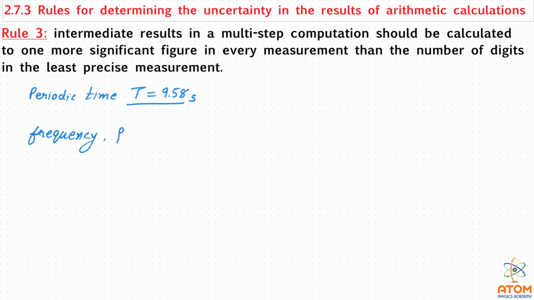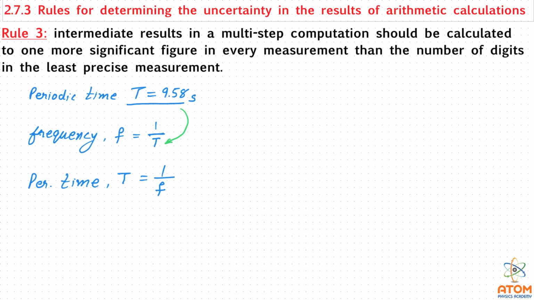We know that frequency is the reciprocal of periodic time T. So I'll find out f, where I'll use this value of T, and then again I'll find out the periodic time, capital T, which will obviously be a reciprocal of frequency.